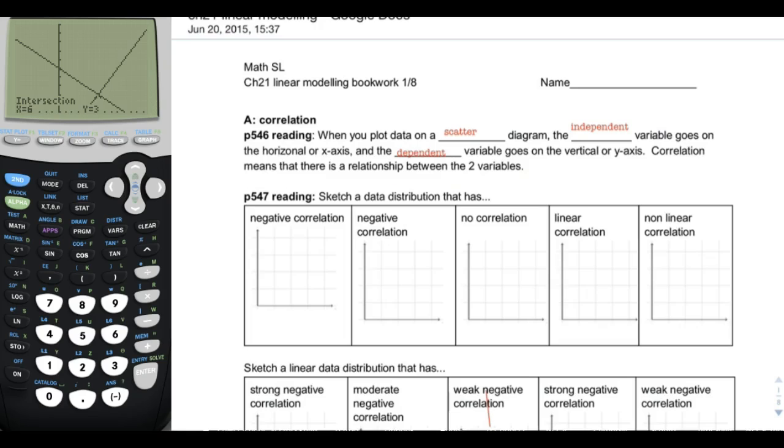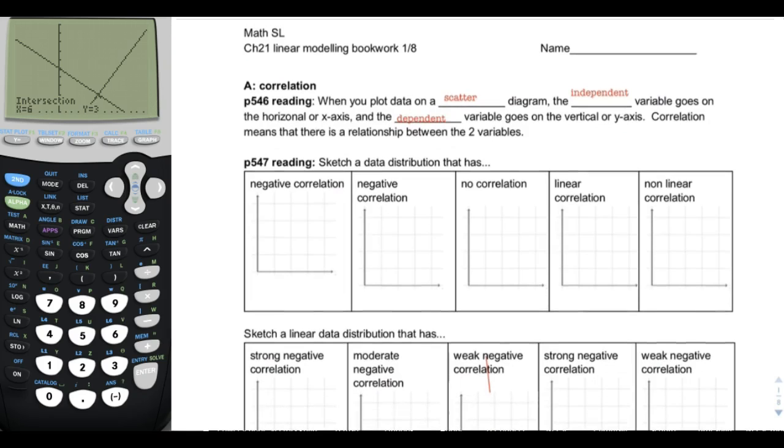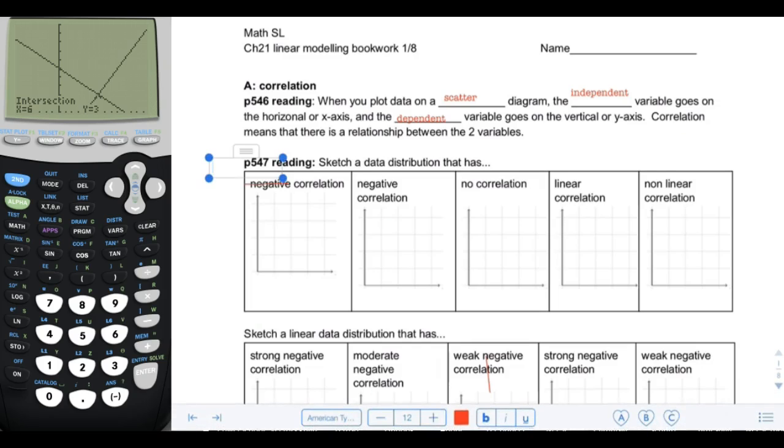Correlation means that there is a relationship between the two variables. So now we're going to draw examples of fake data distributions with certain types of correlation. For example, actually this should be positive correlation because I don't want to put negative correlation twice. Positive.